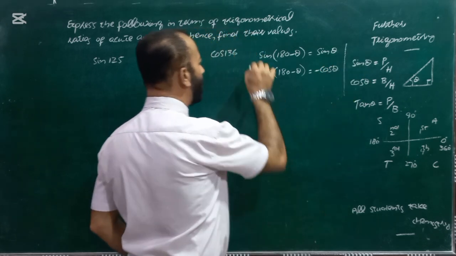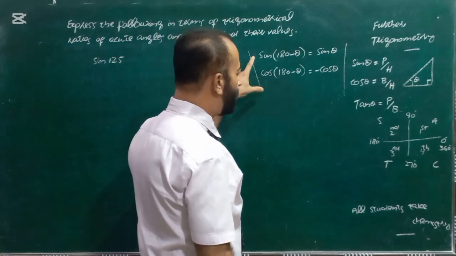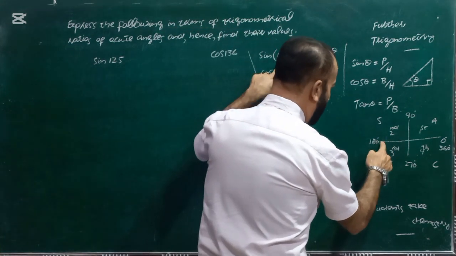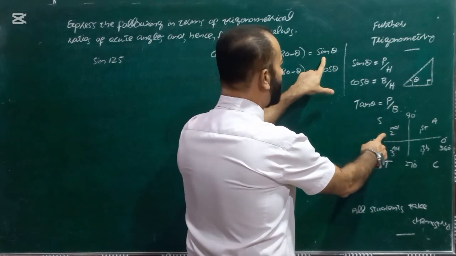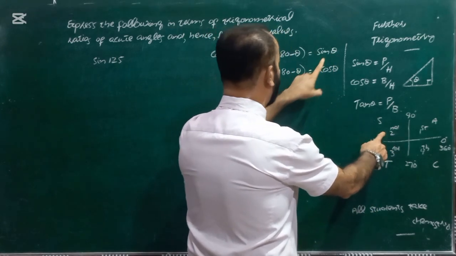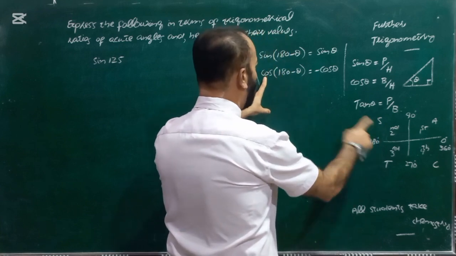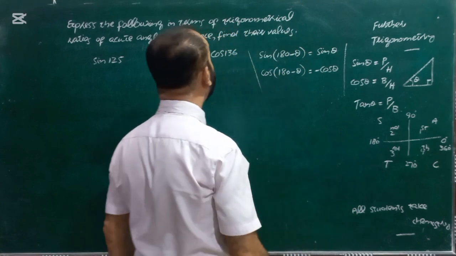So these are further two formulas which you have to remember. The reason is 180 minus. So here is 180. So 180 minus something will be in the second quadrant. That's why the sine theta is positive in the second quadrant. And again 180 minus theta stands for the second quadrant and cos will be negative in the second quadrant.